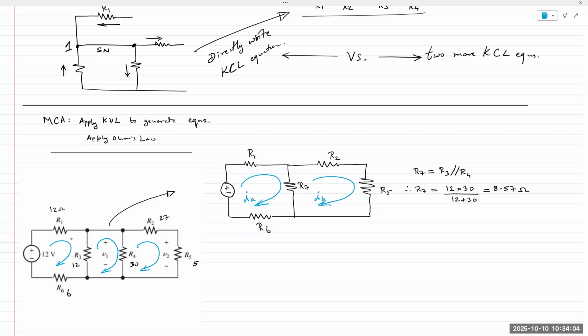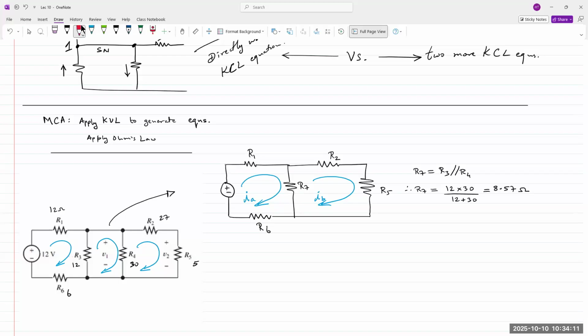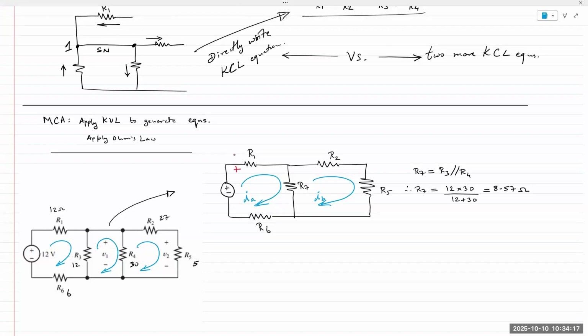Okay. Now, because both mesh currents are going clockwise, I'm going to mark out the polarity or the voltages that are caused due to this. So I'm going to say point of entry for IA is on the left. So plus on the left for R1, plus minus, plus minus.